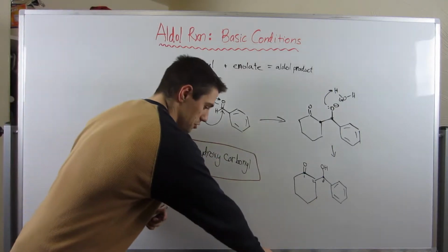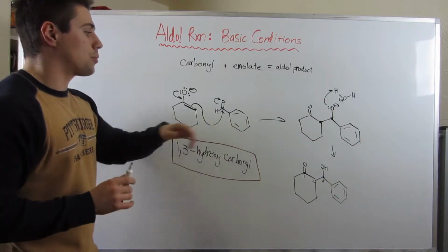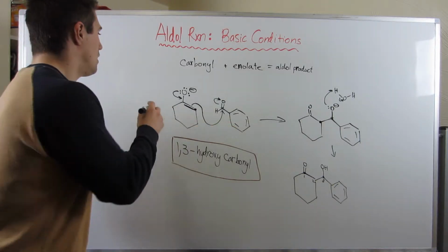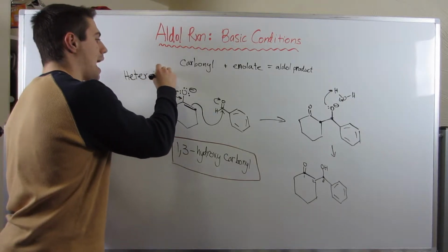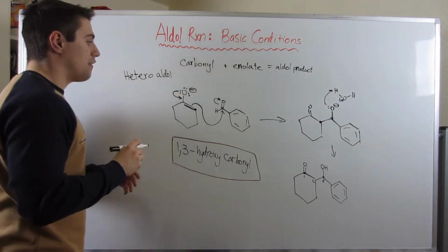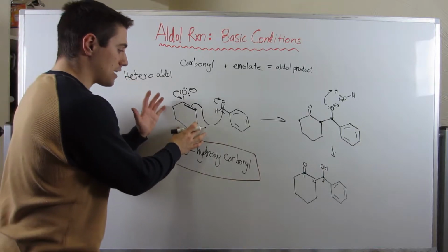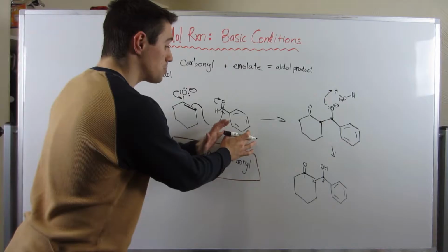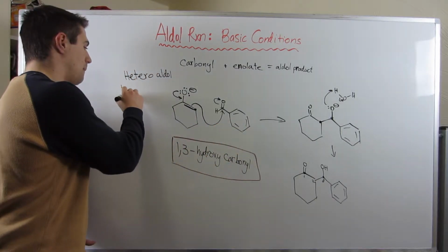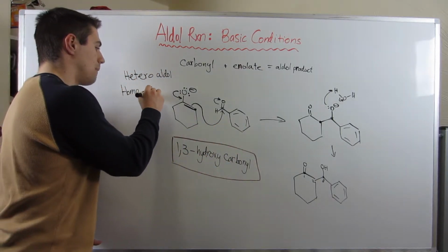Now, some other terminology. Because our enolate and our carbonyl were different from each other, this is called a heteroaldol reaction. If I were to use cyclohexanone to be my enolate and cyclohexanone to be my substrate, we would call that a homoaldol.